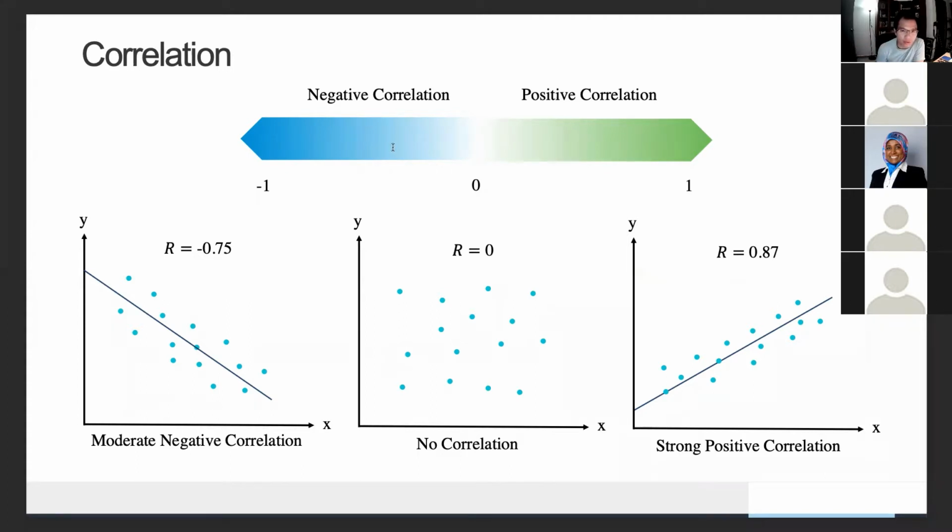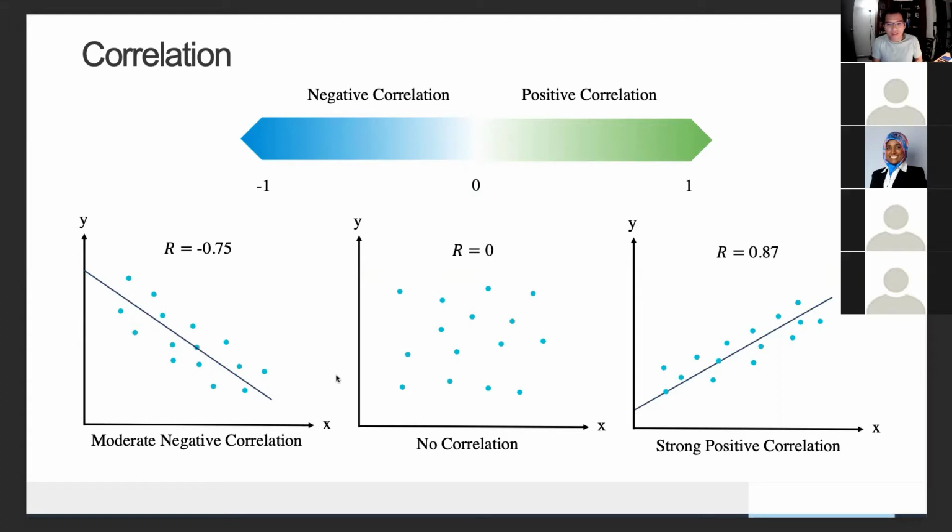Okay, so if it's towards -1, maksudnya dia ada negative correlation, means that increasing the value of X will decrease the value of Y. Itu maksudnya. Okay, if there is no correlation, means that I cannot define the relationship here.